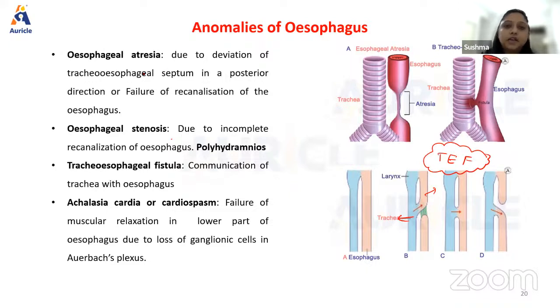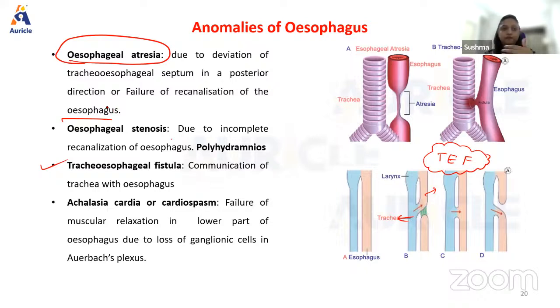Okay, next, this is one of the developmental anomalies of the esophagus. But what if there is a complete esophageal atresia itself? Due to the deviation of the tracheoesophageal septum in the posterior direction or failure of recanalization of the esophagus itself.